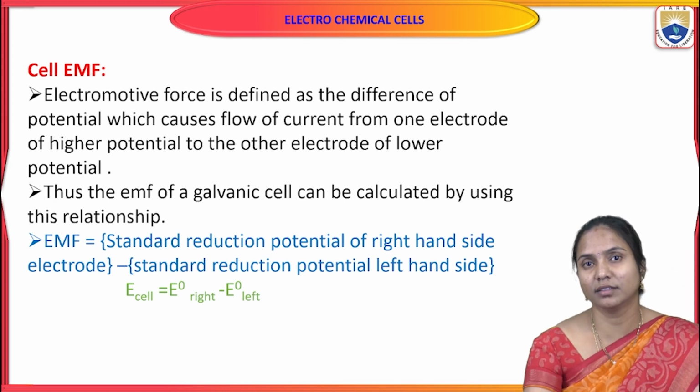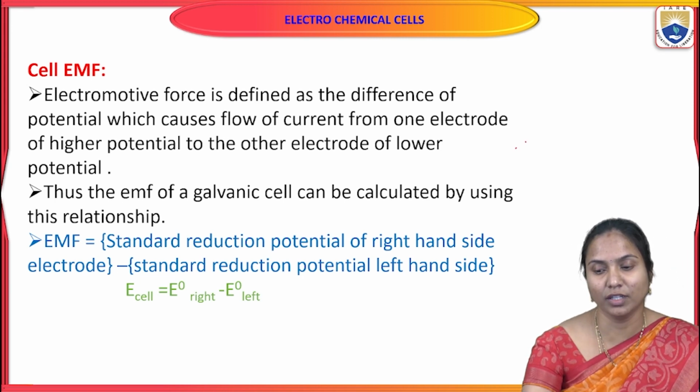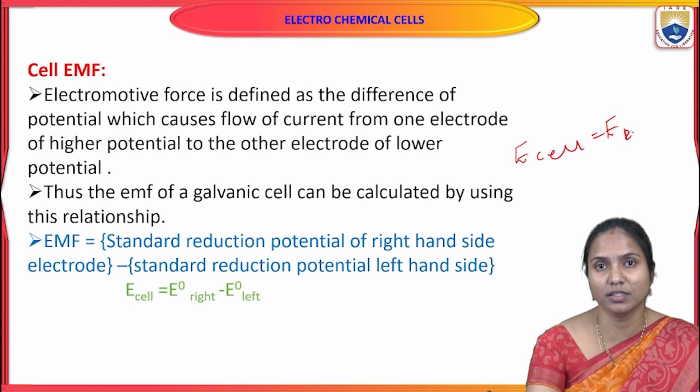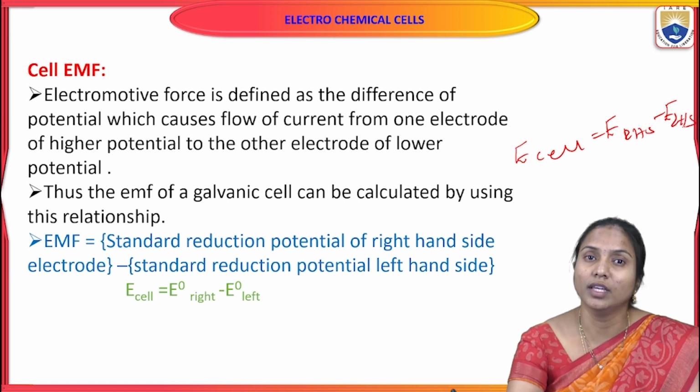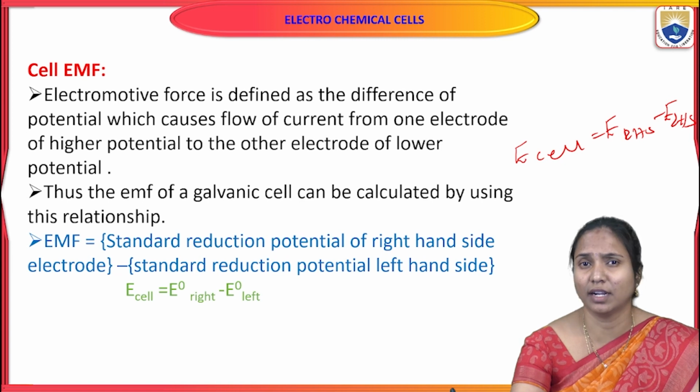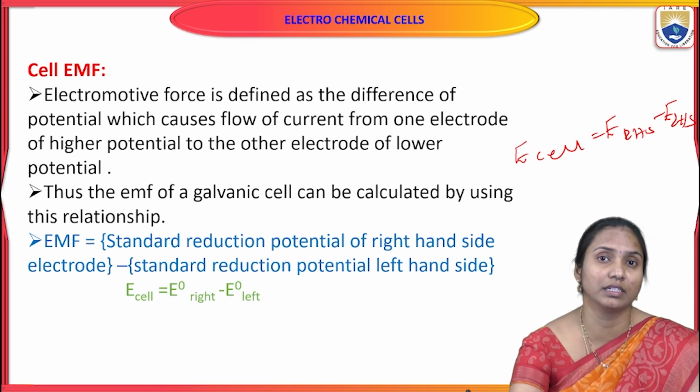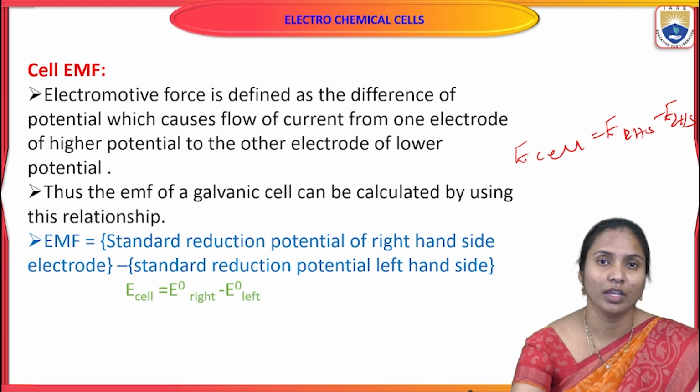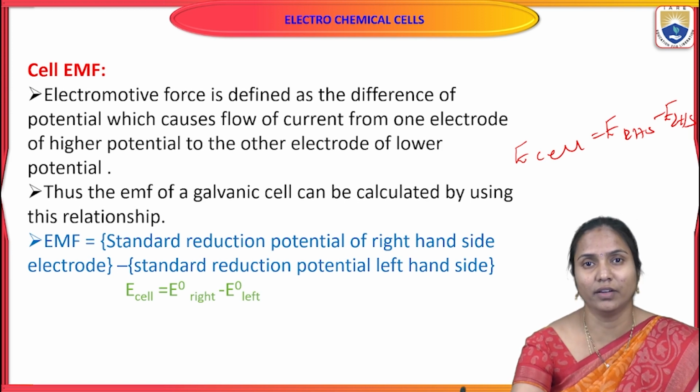So how can we calculate this EMF of the cell? Here we use one formula: E cell equals E RHS minus E LHS. RHS means the right hand side electrode. We just discussed that reduction reactions are always written on the right hand side and oxidation reactions on the left hand side.